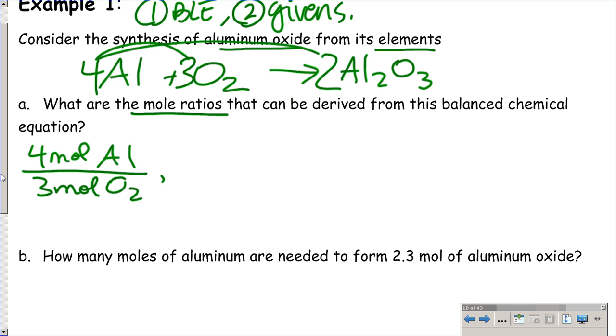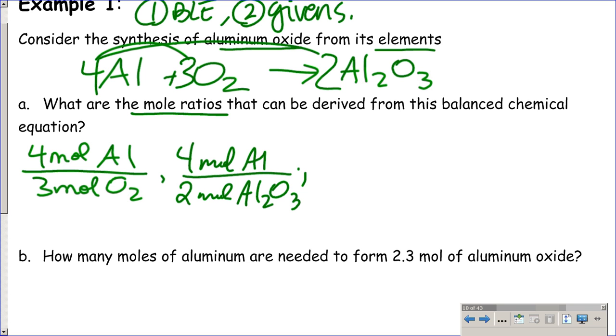Okay, so that's my first one, and I could write it either way, up and down, but I'm putting aluminum on top. My next one, 4 moles of aluminum to what? Right, 2 moles aluminum oxide. Okay, so there's 2 so far. What else can I make a comparison between? 3 moles of oxygen to the 2 moles of aluminum oxide, right?